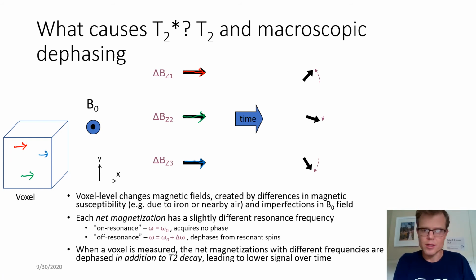You see I've drawn these arrows such that they're shrinking. That's the T2 decay. And then the extra rotation due to the different frequencies, sometimes called off-resonance frequencies, is going to lead to additional signal loss, or this additional dephasing.